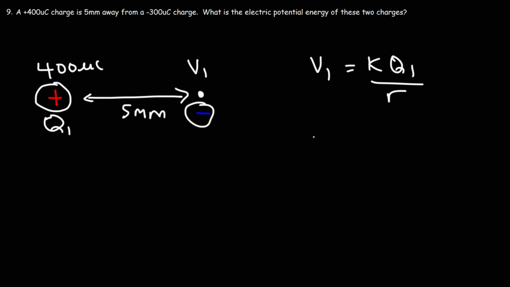The electric potential energy, U, of a charge, Q, is going to be Q times the electric potential at that point. And the electric potential was created by charge 1. So this other Q, we can call charge 2.